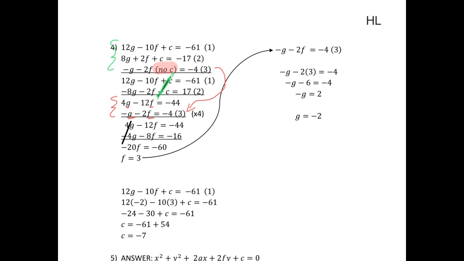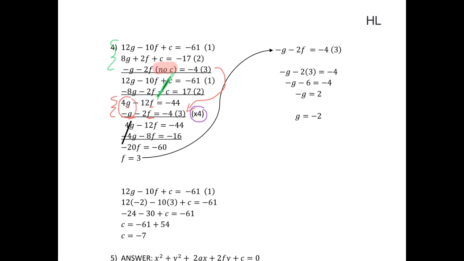If we want to get rid of, say, g here, we'll have to multiply our second equation by 4. So our first equation stays the same: 4g minus 12f is equal to minus 44. Multiplying everything across here by 4, we have minus 4g minus 8f, and 4 times minus 4 is minus 16.